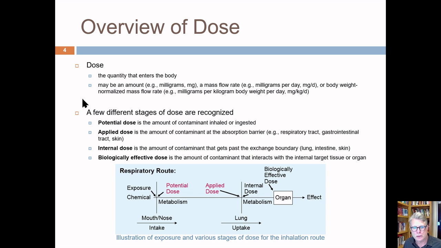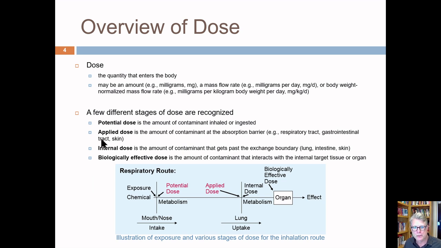Now, in environmental health, we typically recognize a few different stages of dose, and you might find these described with different terms in different publications. I'm using here the definitions that US EPA puts forth in its guidelines for exposure assessment.